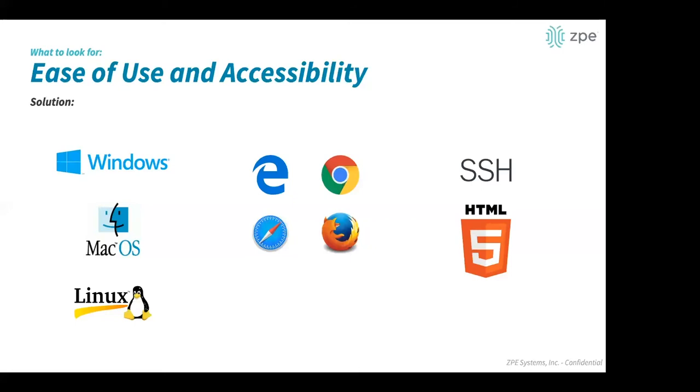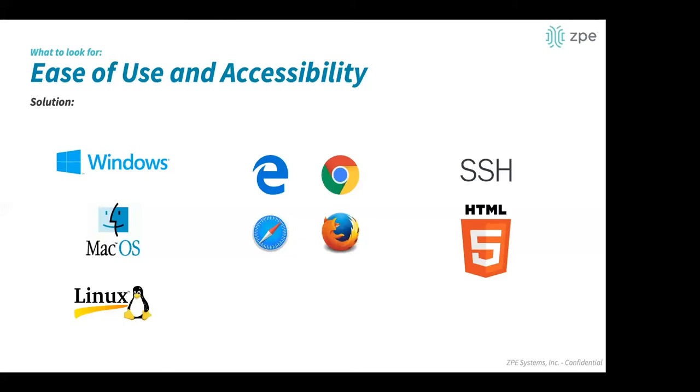Ideally, you want to have your out-of-band solution working with the tools you have by default already on your system. So that means your out-of-band solution should work with the different operating systems you might encounter, might that be a Windows system, a Mac OS or a Linux system, or even any of the mobile operating systems like Android and iOS. And it should work with any modern browser because of that as well.